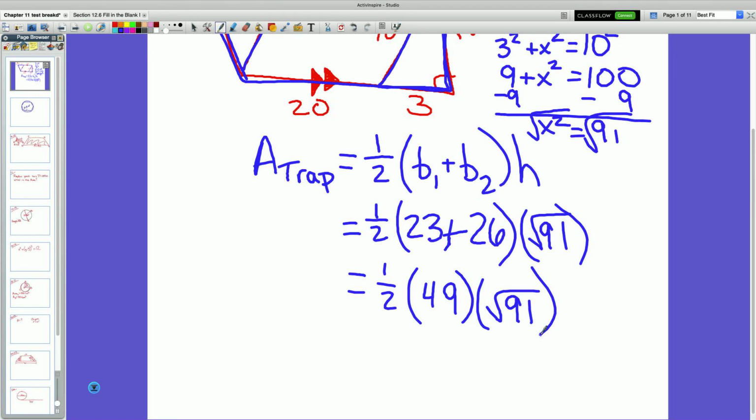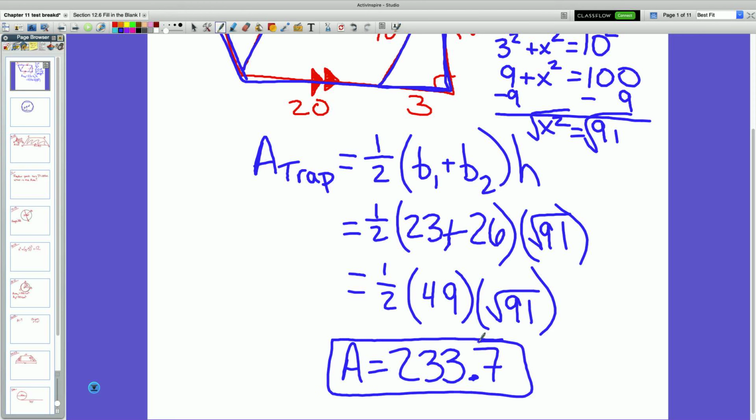So I'd have 49 square root of 91 times 49 times 0.5, or divide by 2, right? Same thing. So I get the area to be 233.7 because it said round to the nearest tenth. That would be my answer.